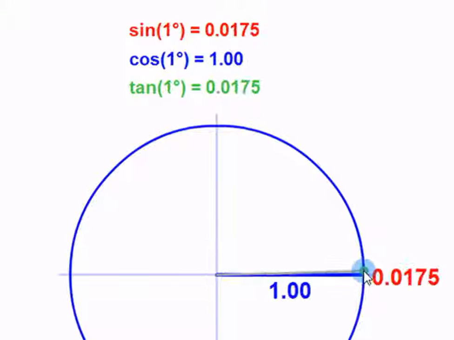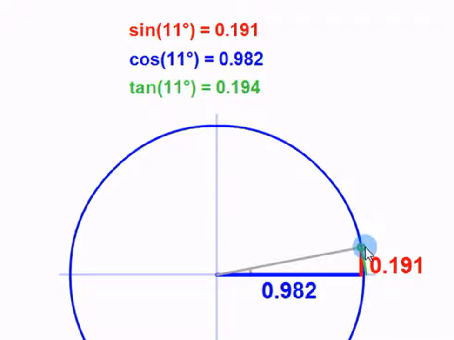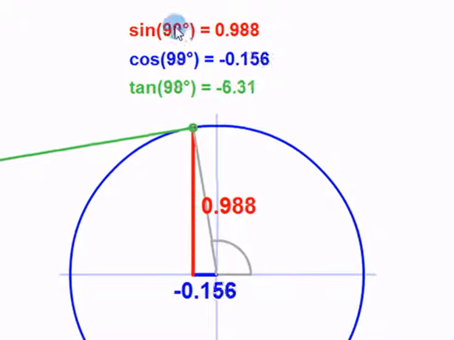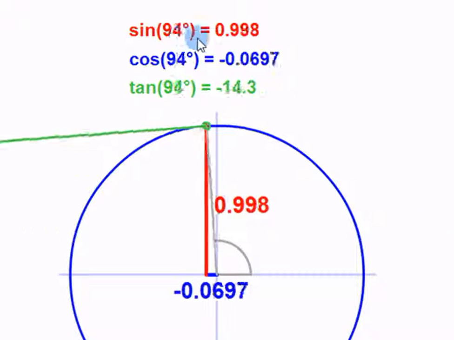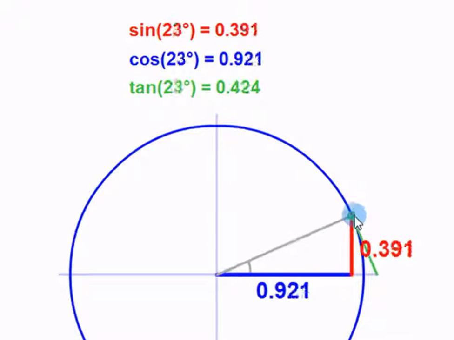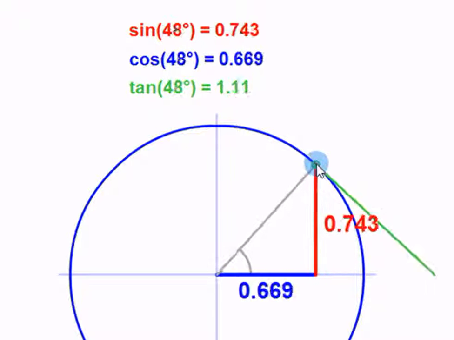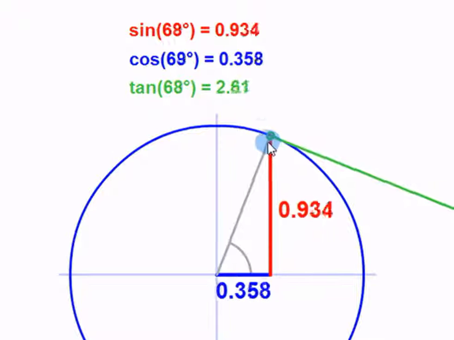So this little animation shows that as the angle increases, it tells you what the angle is in this little bracket. As the angle increases here, the sine function, as in how big the opposite is compared to the hypotenuse, goes up.